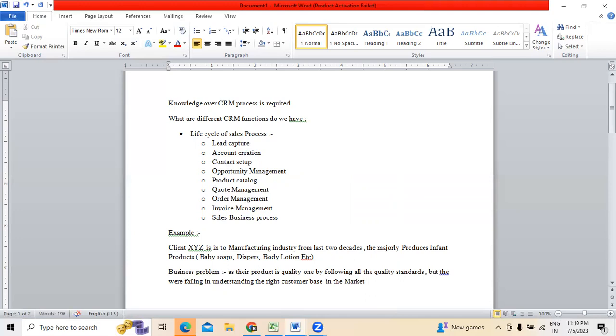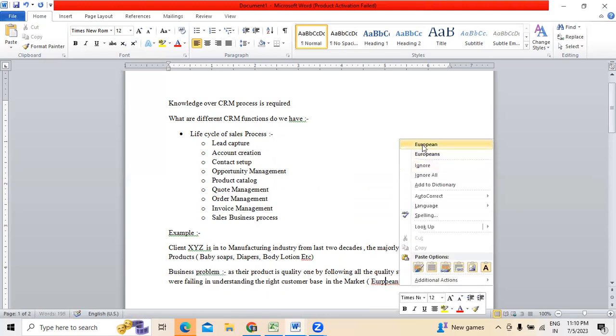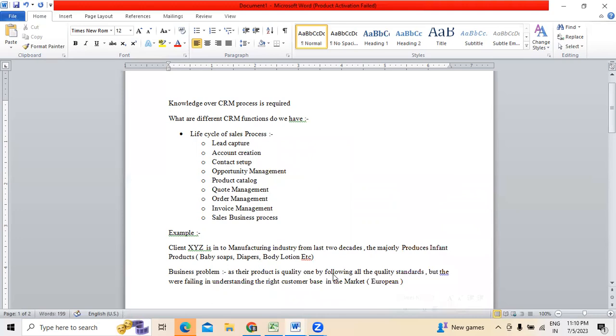For example, this market may be the European market, which is their target. In this European market, they are failing in understanding the right customer base. This is the business problem the customer is facing.